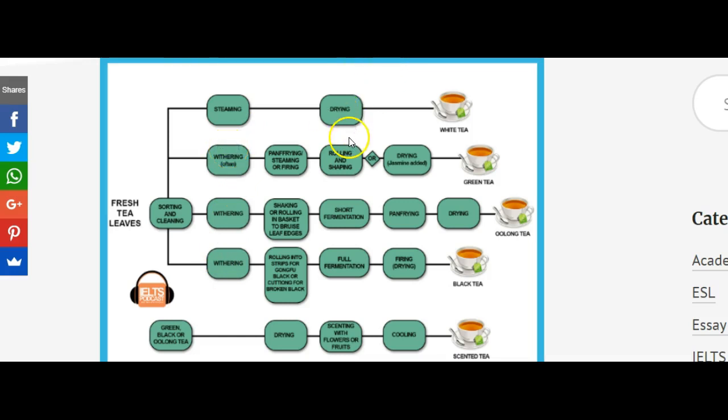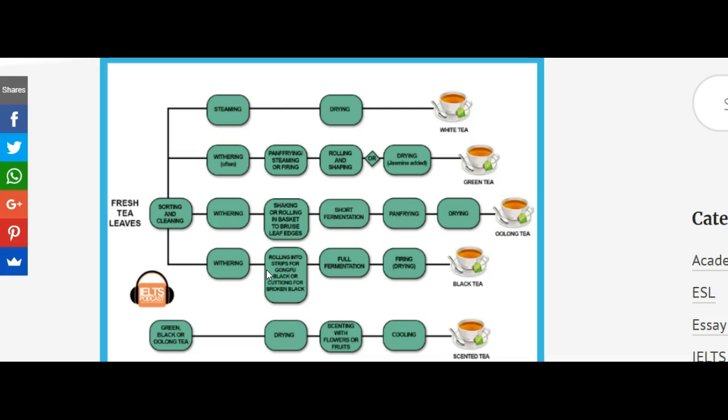So a common step to green, oolong, and black tea is rolling. However, there are some differences among the different teas. Green tea is first pan-fried, steamed, or fired, and then rolled and shaped, whereas oolong is shaken or rolled in a basket in order to bruise its tea leaves, whereas black tea is rolled into strips or cut, depending on the type of black tea desired.